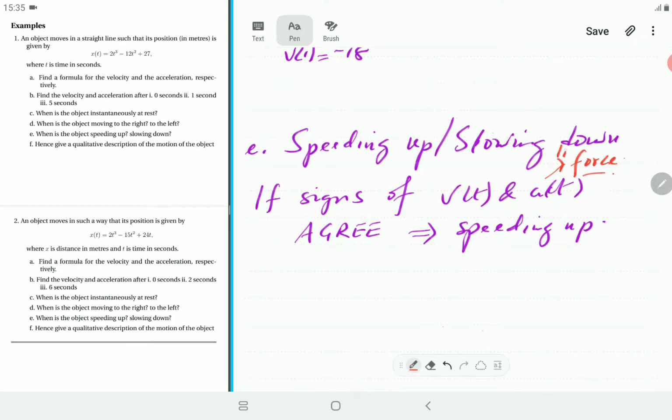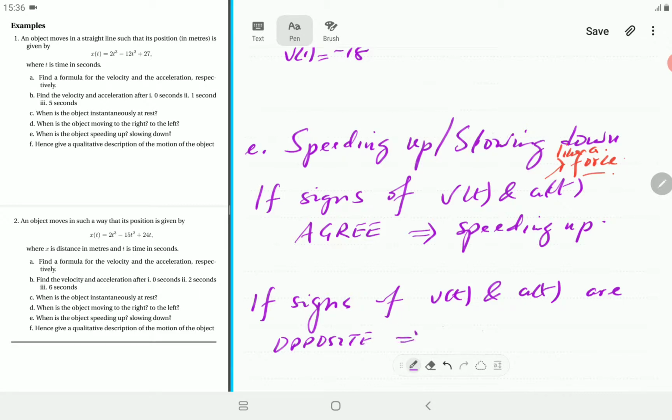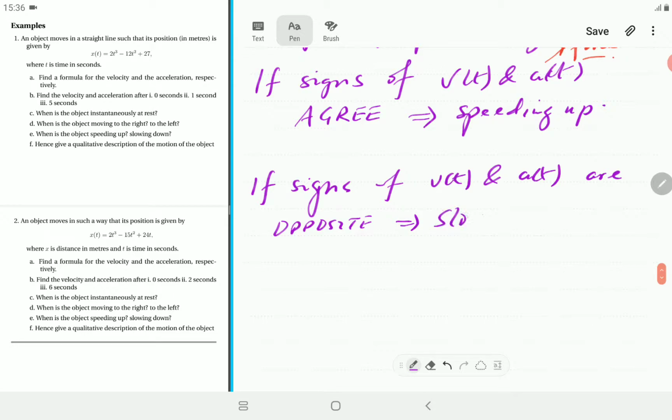Then if the signs of v and a are opposite, then we're going to have slowing down, because it's like your object is moving to the right and then you have a force applied to the left, then you have got slowing down there.